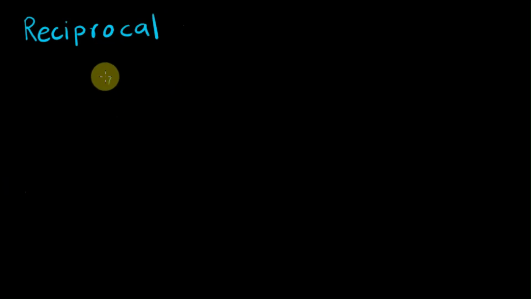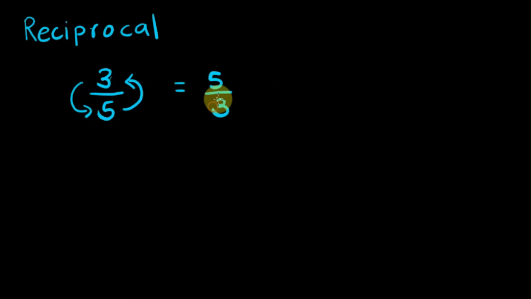I have a fraction, let's say 3 upon 5, and I just have to switch the numerator and the denominator. I'll get 5 upon 3 in this case. Basically, we are dividing 1 by the fraction. Let's see how the reciprocal concept can be used while dividing fractions.